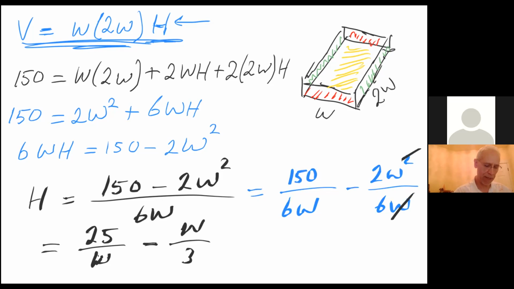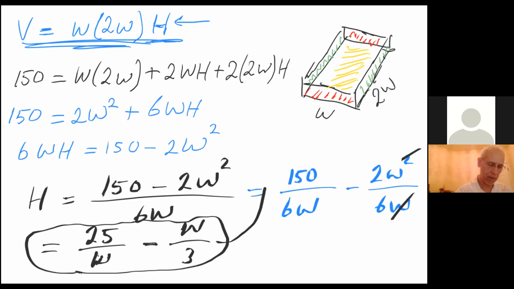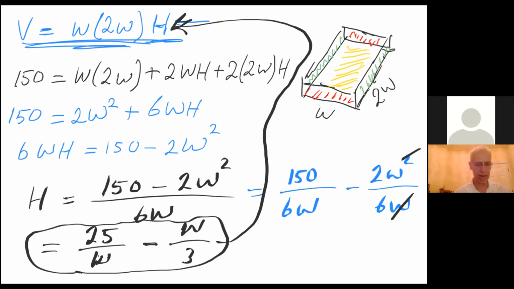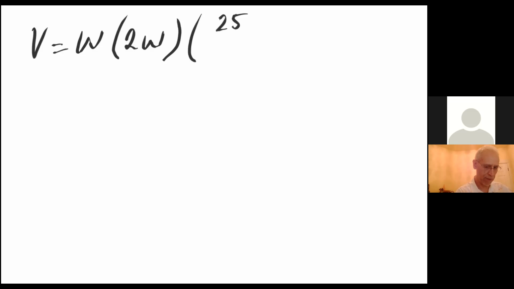So I'm going to replace all this into this h right here. Let me go to the next page. Now I have volume equals width times 2 width times (25 divided by width minus width over 3).